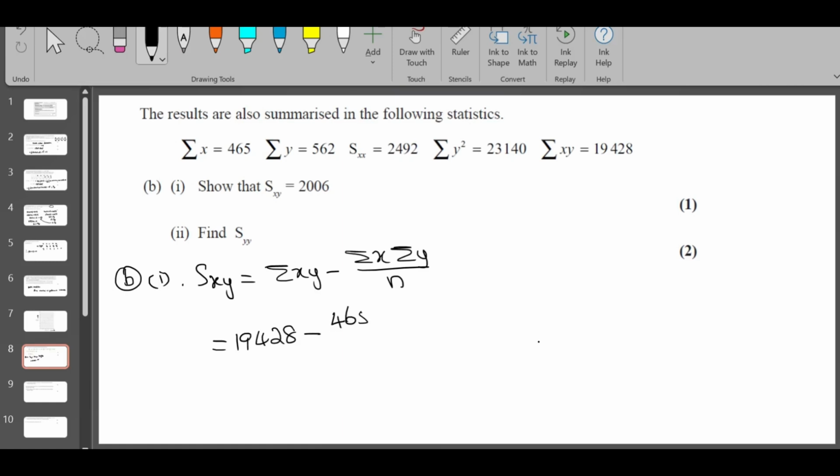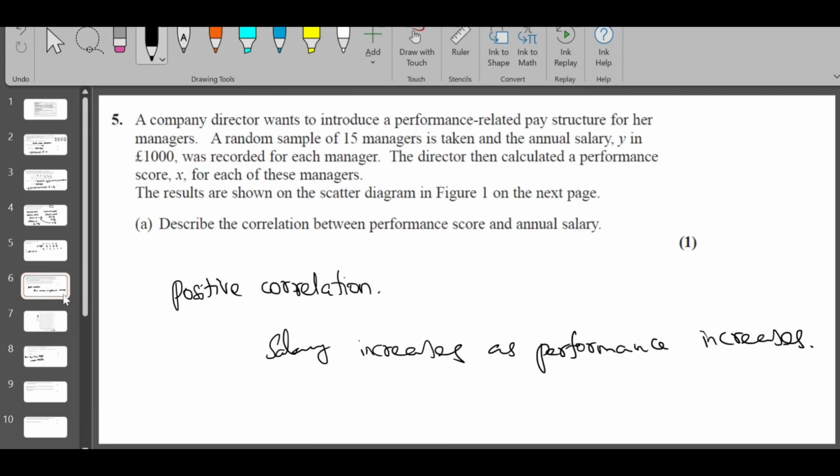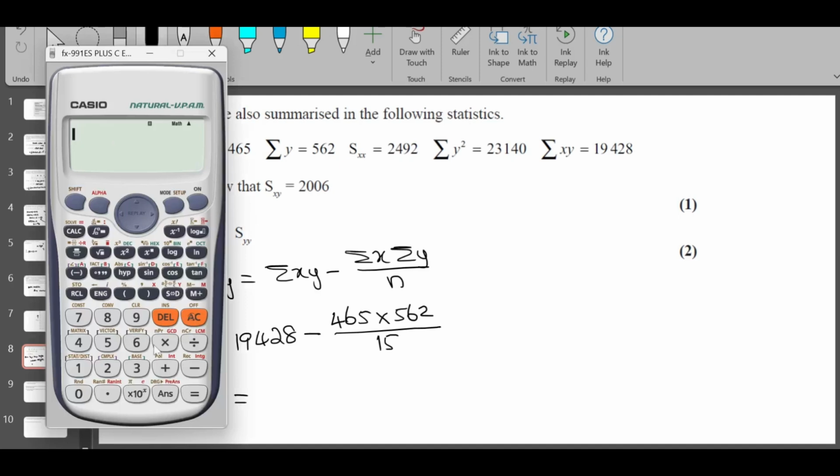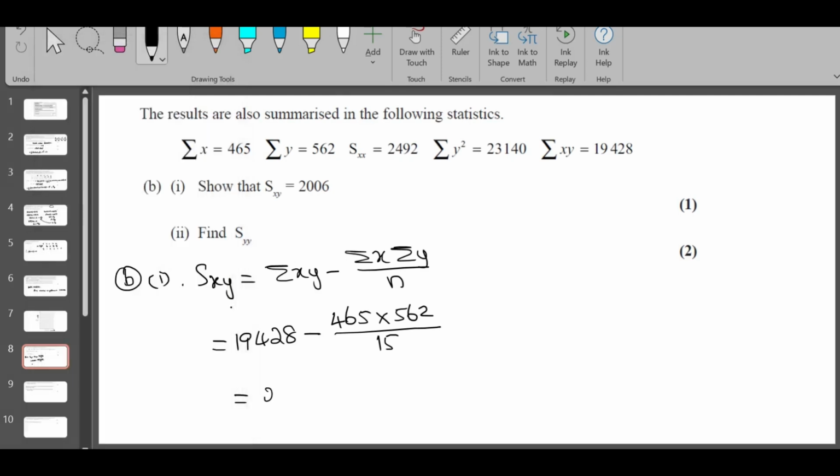What is N here? Let's go back and read the question. They're talking about 15 managers, so N is equal to 15. So 19428 minus 465 times 562 over 15. You got the answer already.